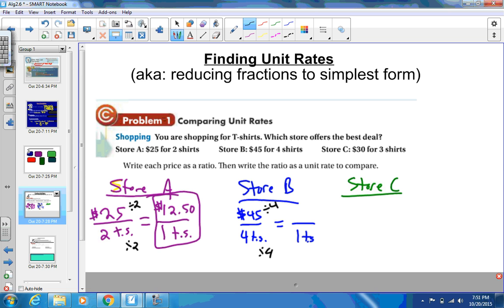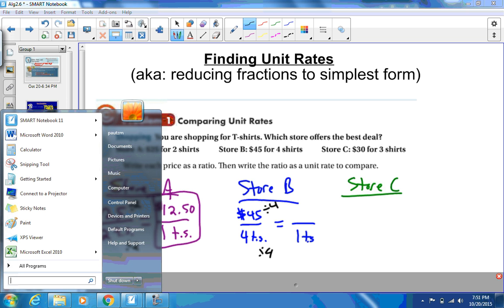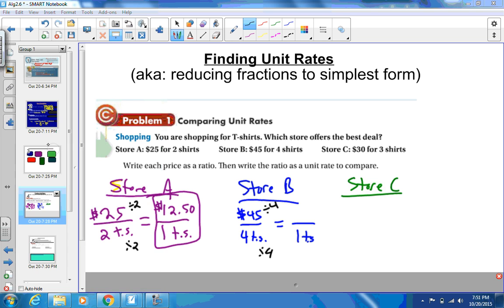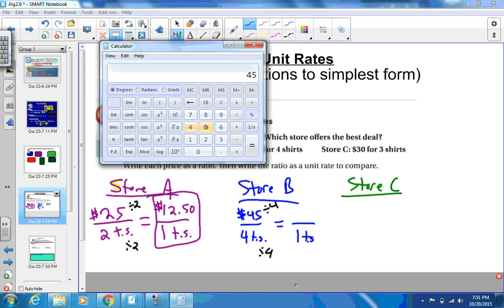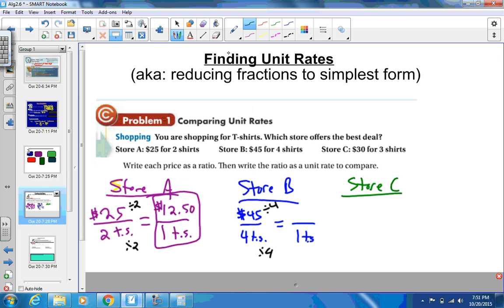So 45 divided by 4, and I'm pretty sure it's going to be $11.25, but let's check to make sure. 45 divided by 4 is sure enough $11.25. So that would be $11.25 for 1 t-shirt at store B.